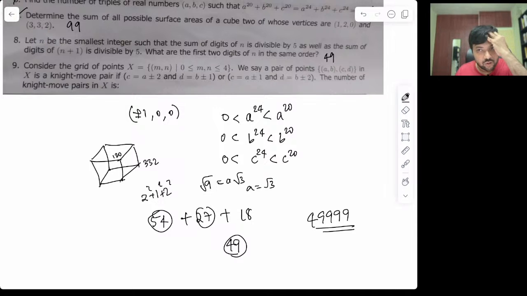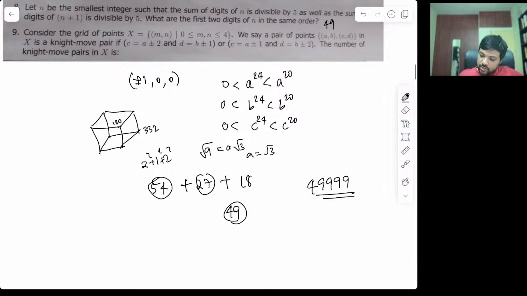Oh, you took the cases and did it? 9k plus n mod 5. I see. What is the rigorous way to do this? 9k plus n mod 5. What does that mean?